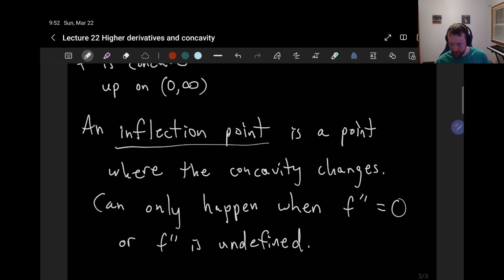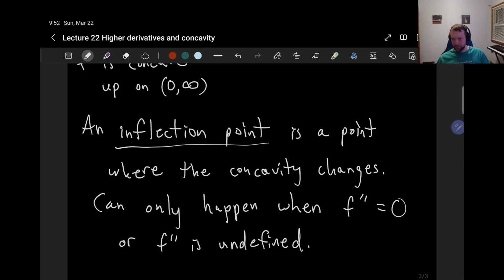So notice this is kind of like a critical point, right, with the first derivative. So critical points were candidates for local maximums or local minimums. So this is the equivalent with the second derivative, except we're not focused on endpoints this time.